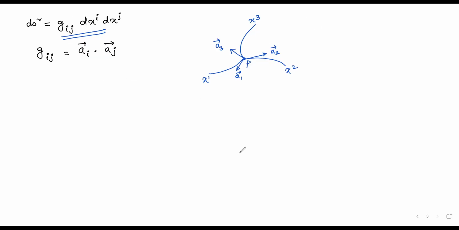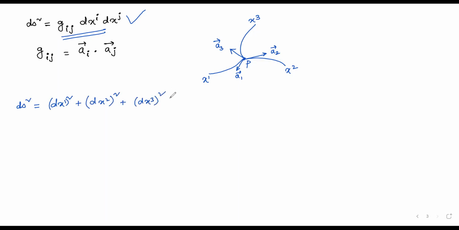Okay, 9 terms in 3 dimensions. And if we remember our Euclidean geometry in 3 dimensions, if we use the rectangular coordinates, that is the Cartesian coordinate systems in 3 dimensions, this expression for the line element reduces to the distance between 2 points given by dx1 square plus dx2 square plus dx3 square.